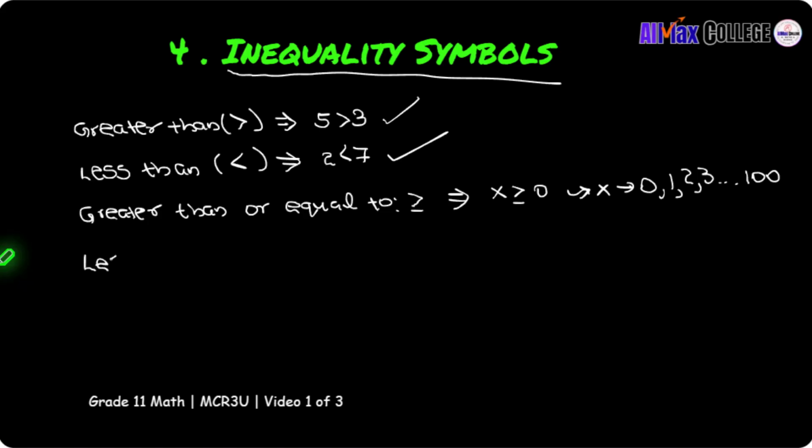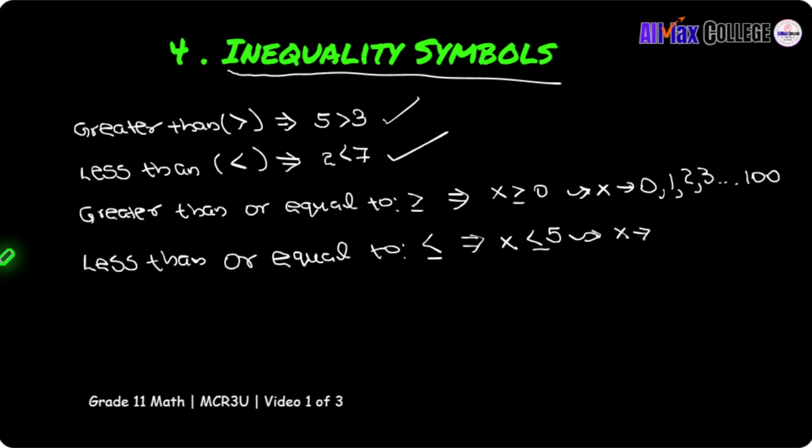Less than or equal to. Same idea. x less than or equal to 5 means x can be 5, 4 or 3, or negative a million.